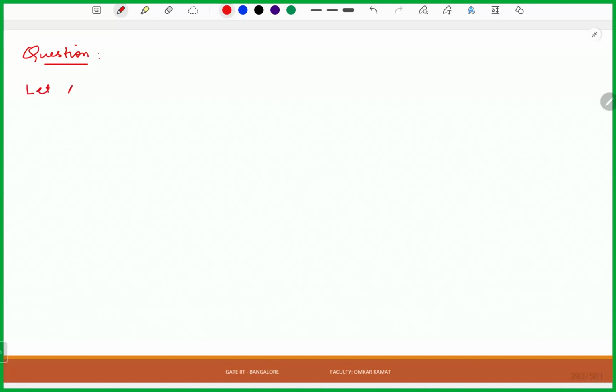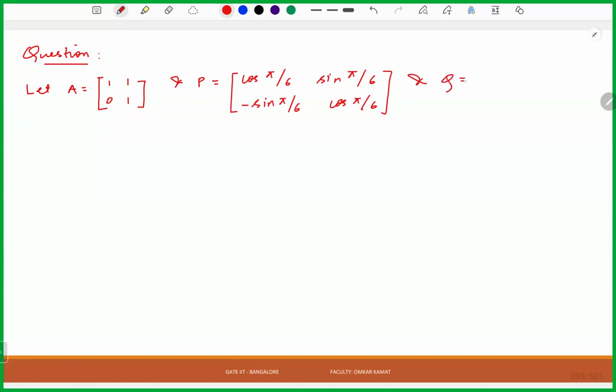Let A be equal to [1 1; 0 1], and P be equal to [cos pi by 6, sin pi by 6; minus sin pi by 6, cos pi by 6], and Q. This question also you might have seen.